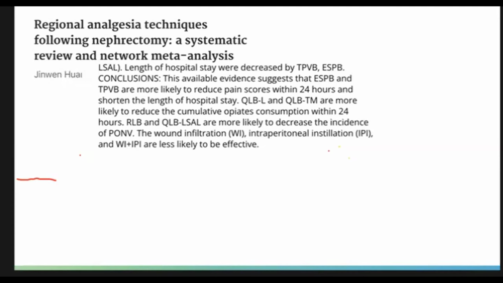Okay, sir. So only half of the part will be covered by the QL block, but for the rest of the incision, either wound infiltration is required, or you can add this ilioinguinal block. Okay, got it, sir.